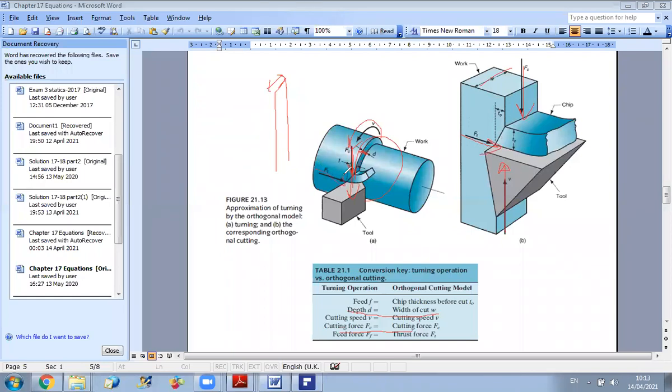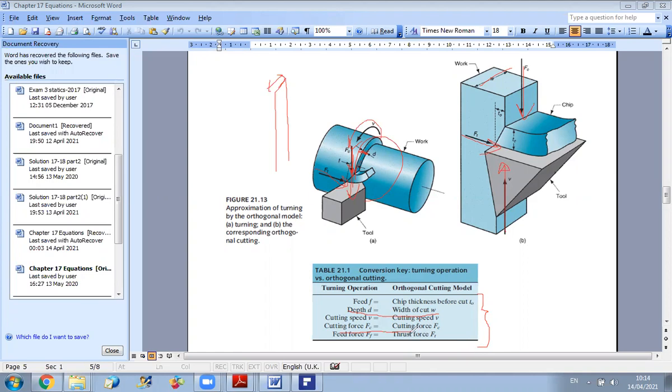Okay, so these are the main variables involved, and you can make an analogy between the orthogonal cutting method and the turning operation. So now all the relations developed, if you want to extrapolate them to the turning operation, all you have to do is replace T0 by f, and replace w by d. For the other parameters, it's the same: cutting speed v, cutting force Fc, and feed force.